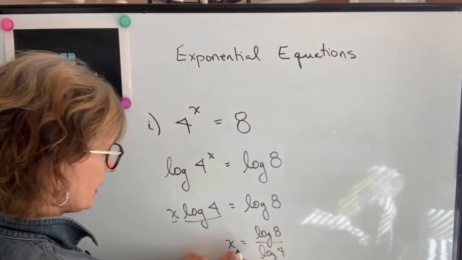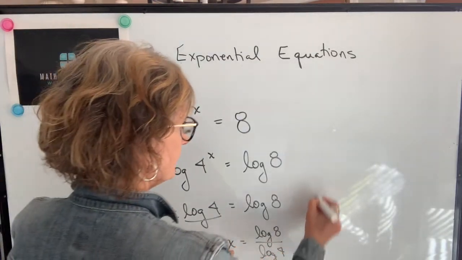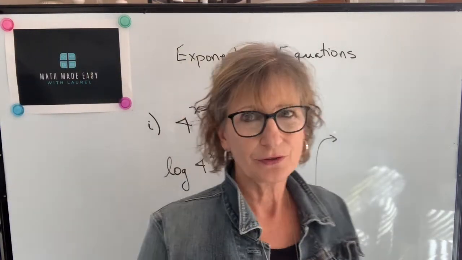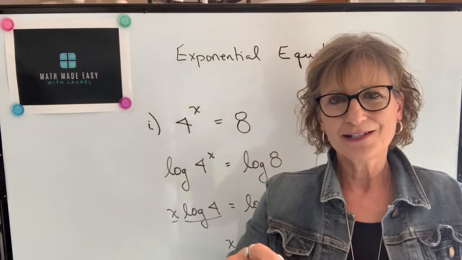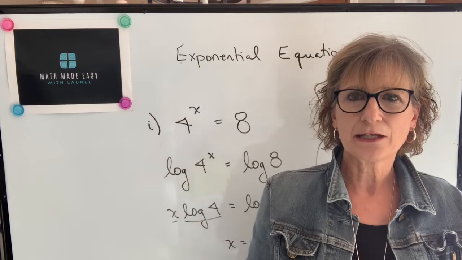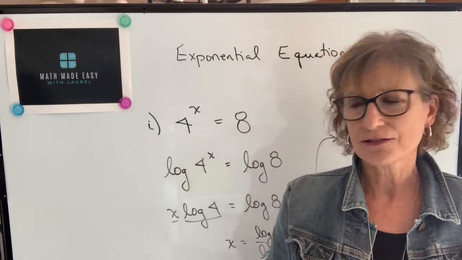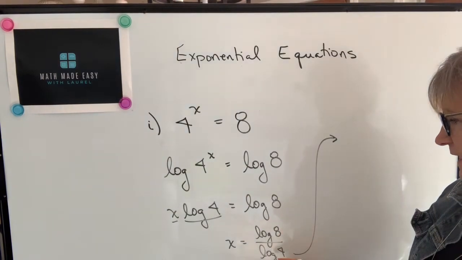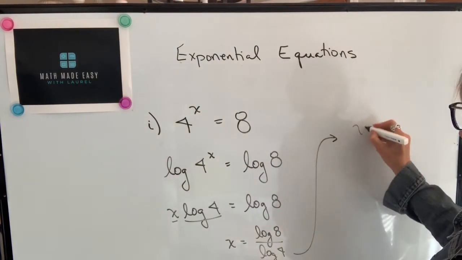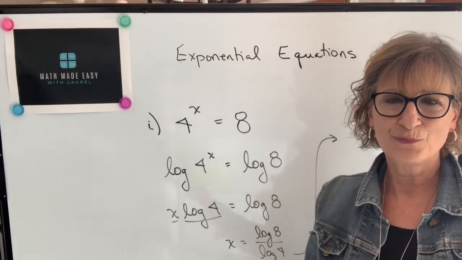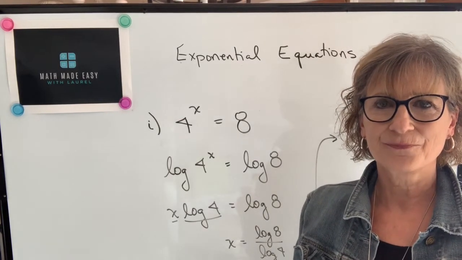Now that I have x isolated, I can do the calculation. And instead of finding the log of 8, writing it down, finding the log of 4, writing it down, I try to do all my calculations all at once and just give the final answer. So if I take log of 8 and divide by log of 4, I'm going to get 1.5, which we know is the answer from doing it previously.